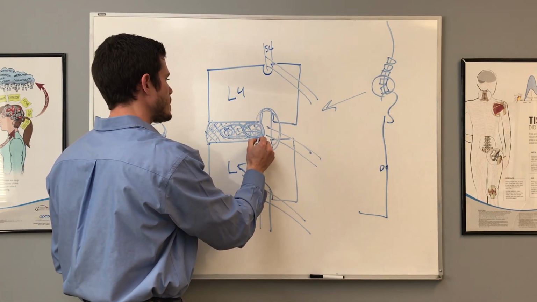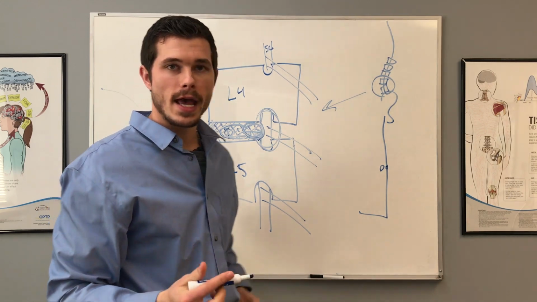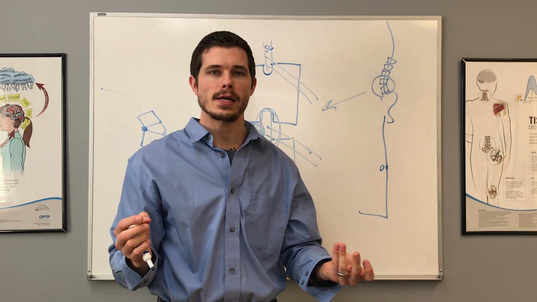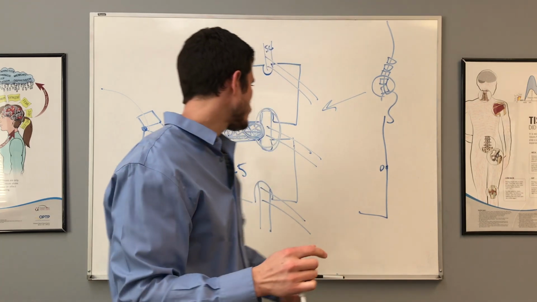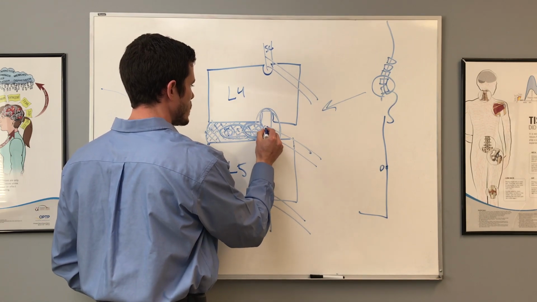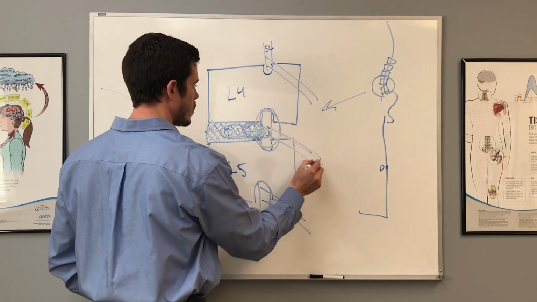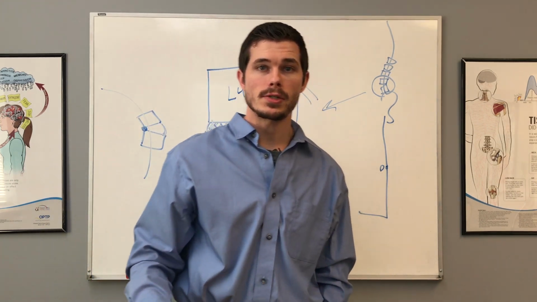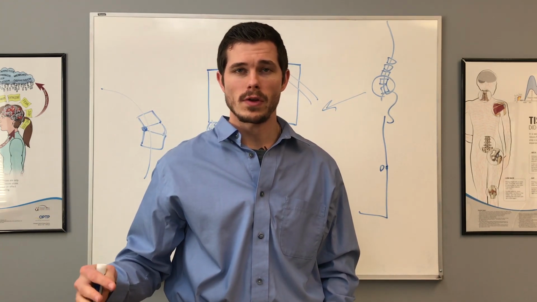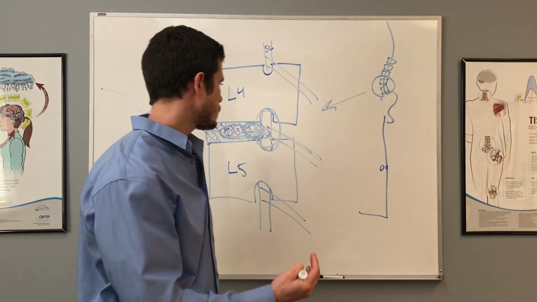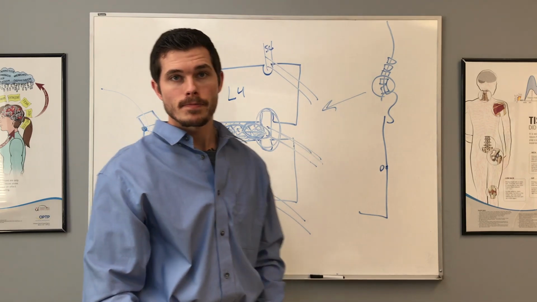In a lot of cases that's fine, but the outer third of the disc is controlled by nerves, which means it has the ability to cause you pain or problems. Now if it pushes far enough, we see a bulge that actually presses on one of the spinal nerves that sends feelings of numbness or tingling, and a whole bunch of other weird feelings down one or both of the legs. Usually, the more severe the issue, the further down the leg the issue is.